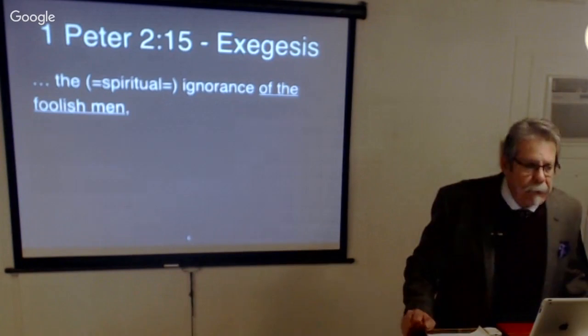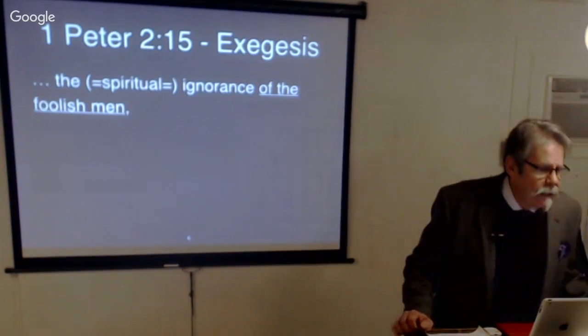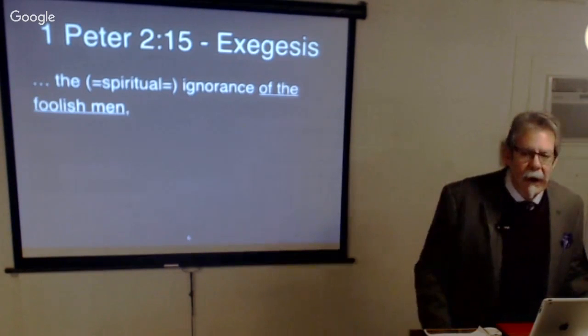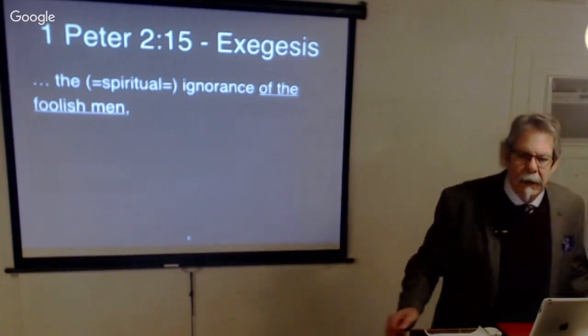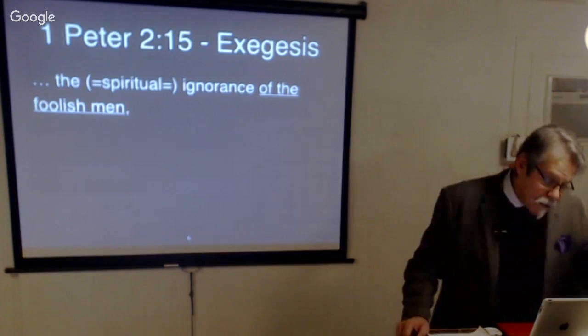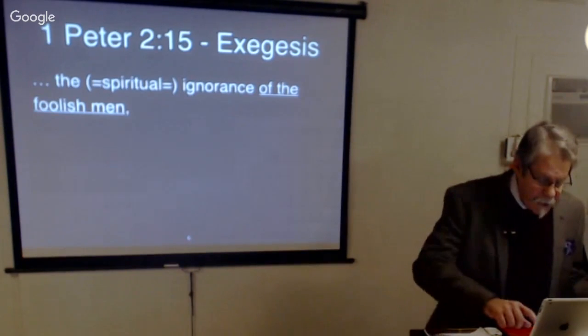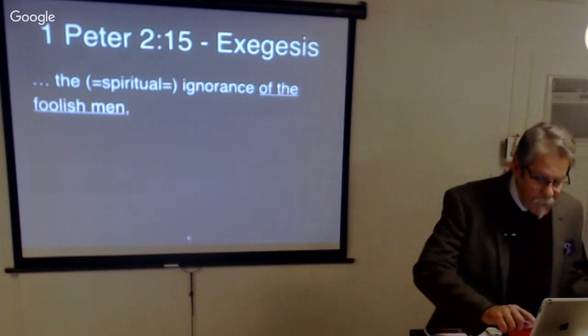So it's not really elliptical per se, meaning that it was left out on purpose. It's not needed in the Greek, so it's just not added. So go back and put under the divine good, in parens with two lines through it, just like the spiritual here. So we have the spiritual ignorance of the foolish men, comma.